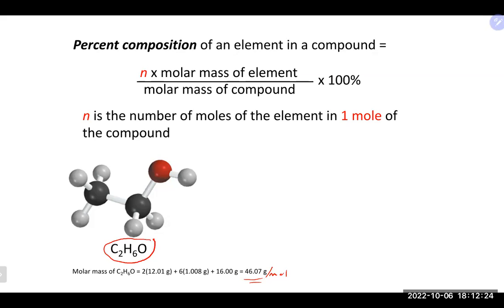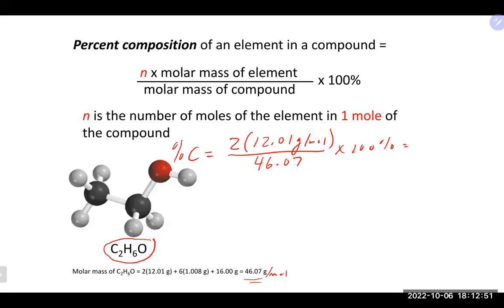And we can figure out the percentages of each of the elements by taking the mass of each one. In this formula, there are 2 carbons. So we can take 2 times the mass of a carbon from the periodic table, which is 12.01, divided by the molar mass of the entire compound, which is 46.07, times 100%.